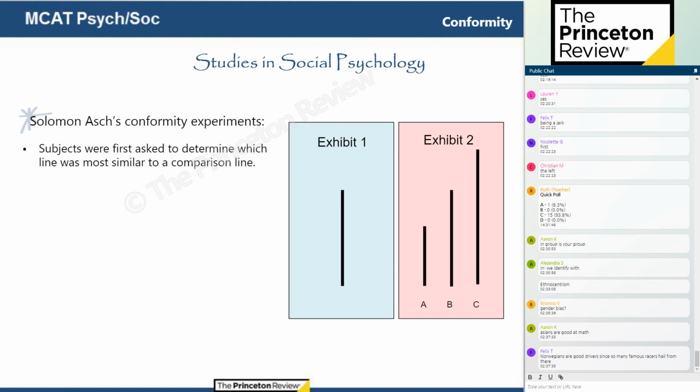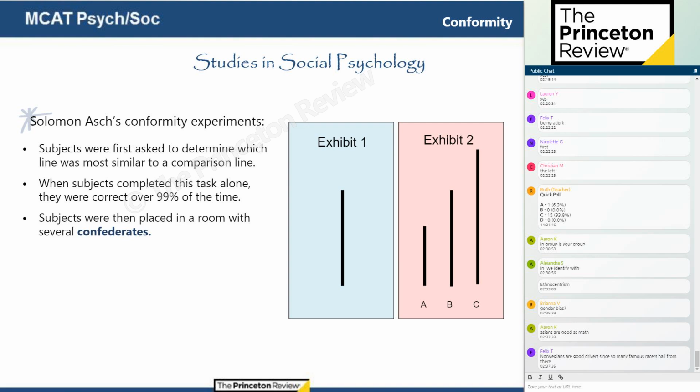So they're shown the line in Exhibit 1, shown Exhibit 2, asked which line, A, B, or C, is most like the line in Exhibit 1. And when they did this by themselves, they were correct over 99% of the time.